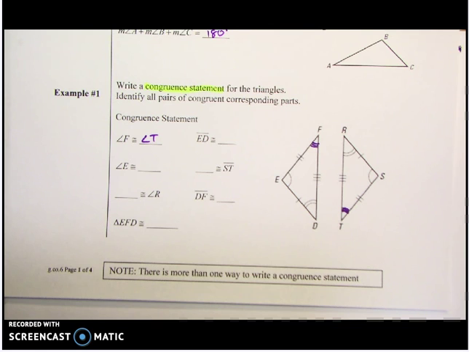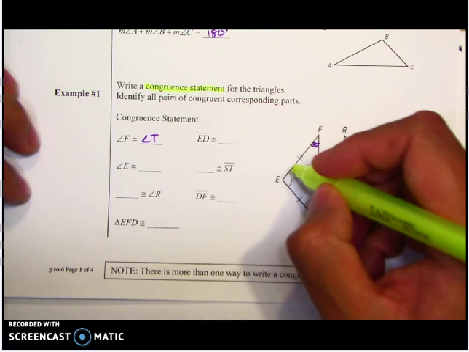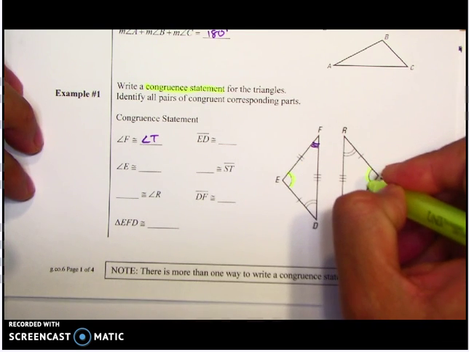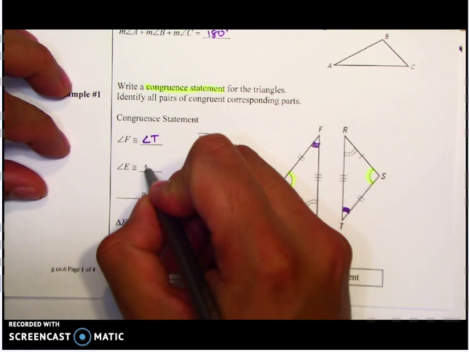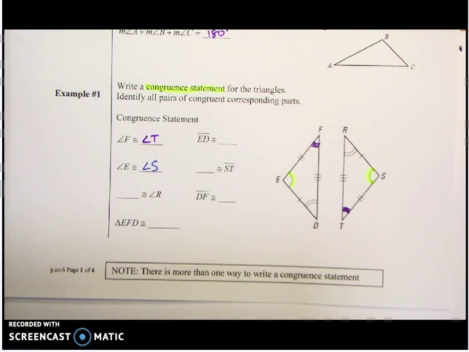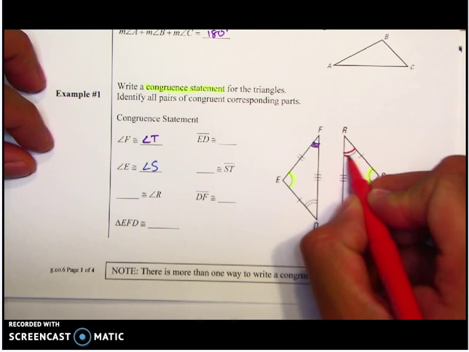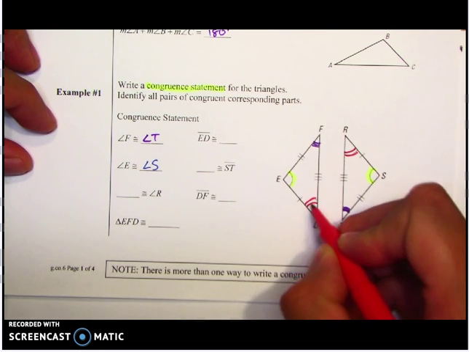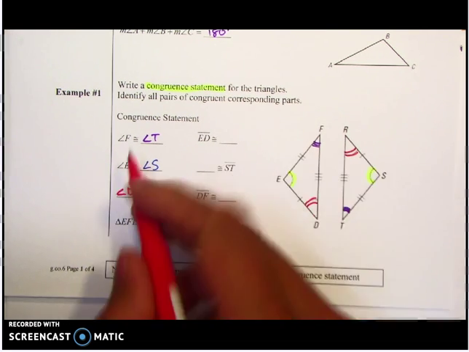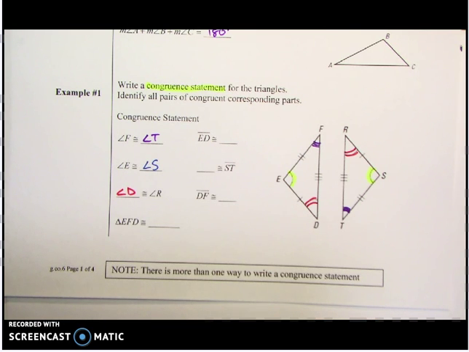Angle E will be congruent to what? Should be congruent to angle S. Again, 1 tick mark here. So let's go ahead and write that. Angle S. Finally, angle R would be congruent to what? Angle D. So that's all my angles. Then the next part is to do all the sides. So let's see.